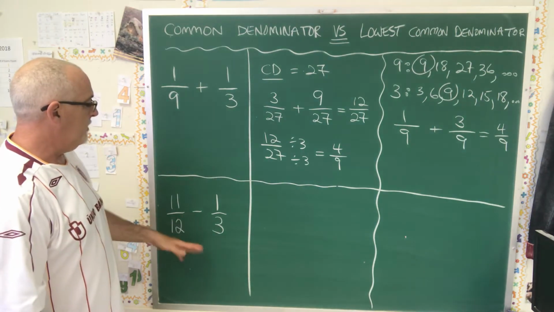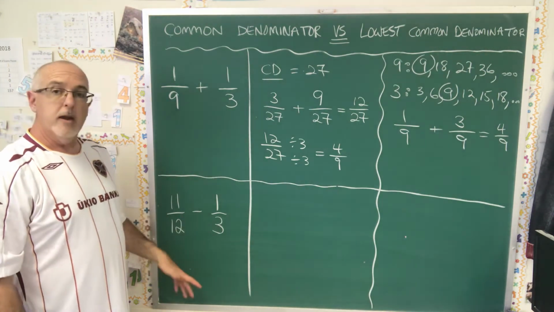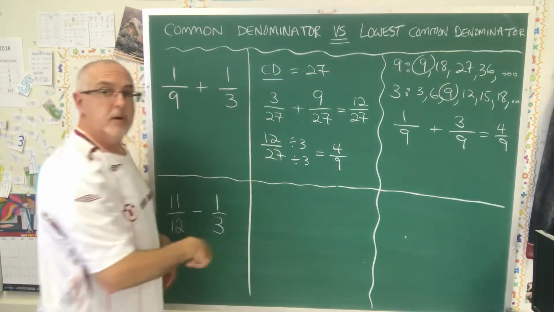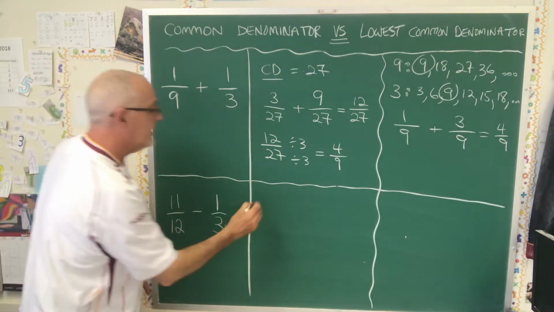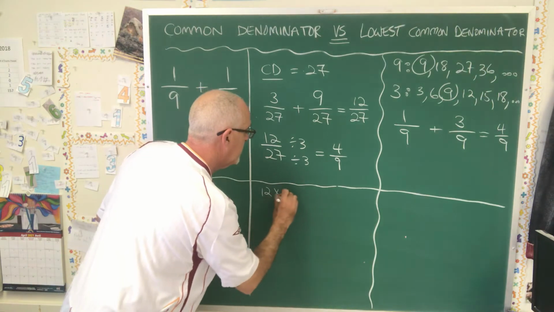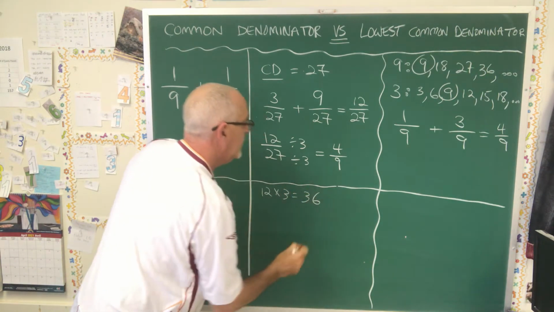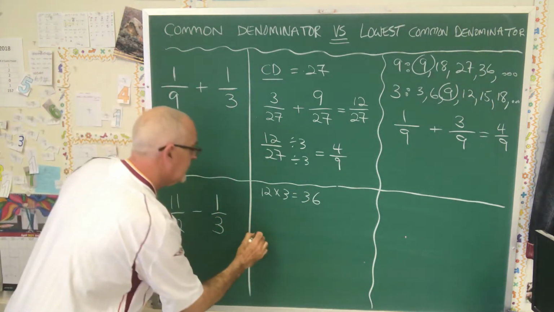This time we have 11 over 12 minus 1 over 3. If we use the trick of multiplying the two denominators, 12 times 3 is 36. So our common denominator is 36.